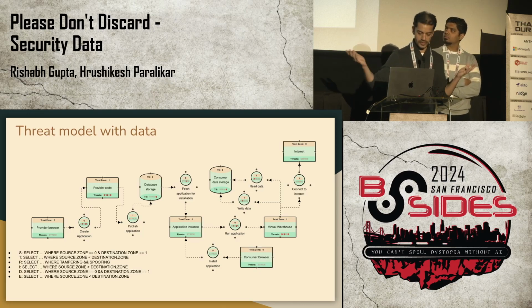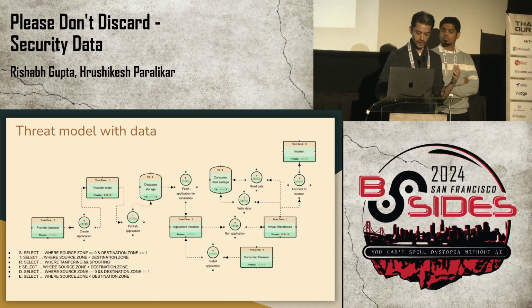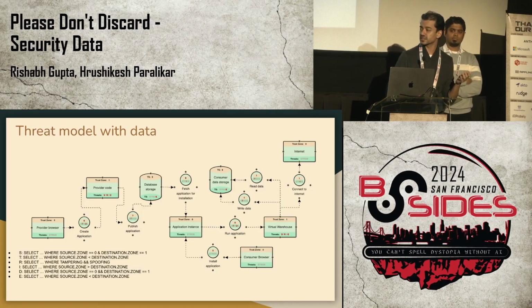So the examples are at the bottom here. If you're looking at spoofing, for example, then as I explained, you're looking at data flowing from trust zone 0 to a destination that's non-zero, or 1 in this case. For tampering, for example, the source zone is less than the destination zone.